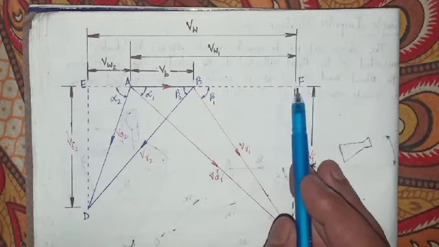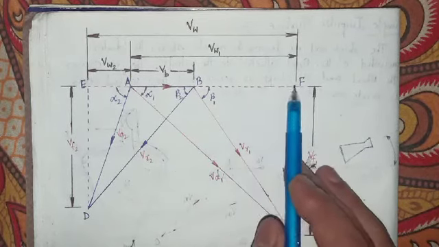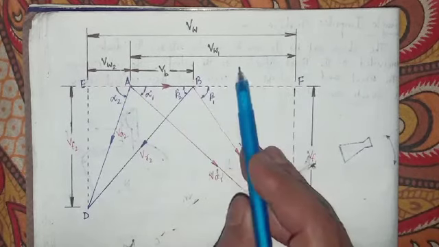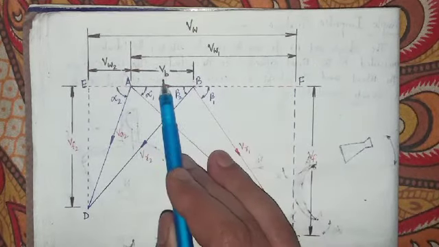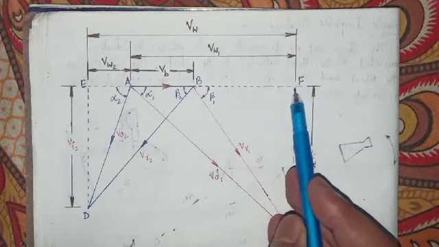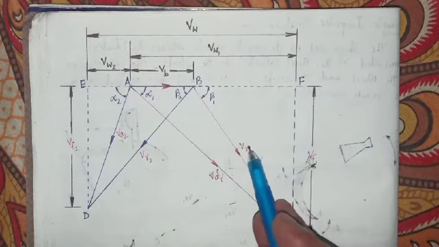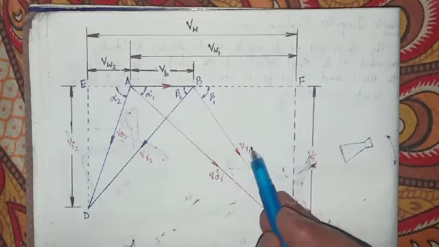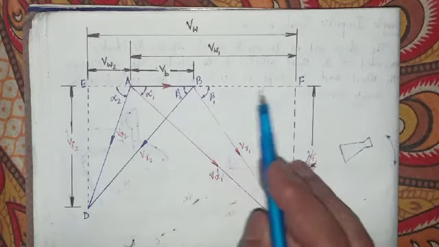Or you can say AB plus BF equals VW1. AB is VB and BF is the horizontal component of VR1 along this direction, so BF is VR1 cos beta 1.